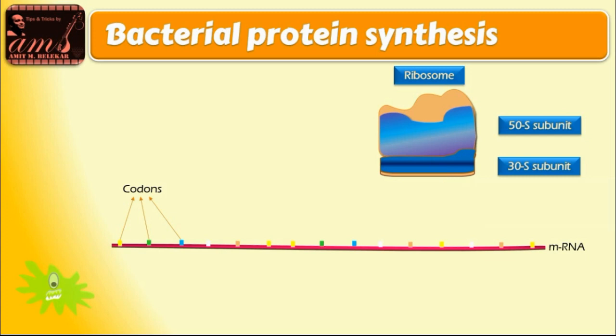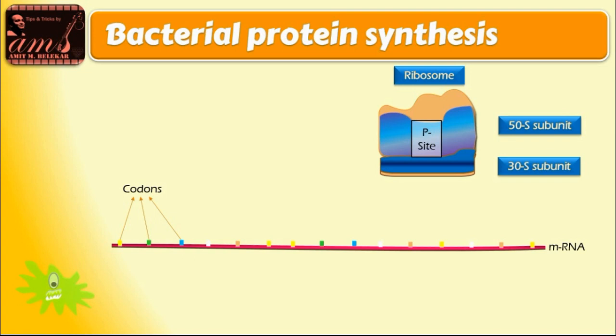The 50S subunit has three sites. First is the A site, which is called the acceptor site, which accepts the specific tRNA amino acid complex as per the codon read by the 30S subunit. The second site is the P site, where the actual transfer of amino acid can take place from one tRNA to the other tRNA.